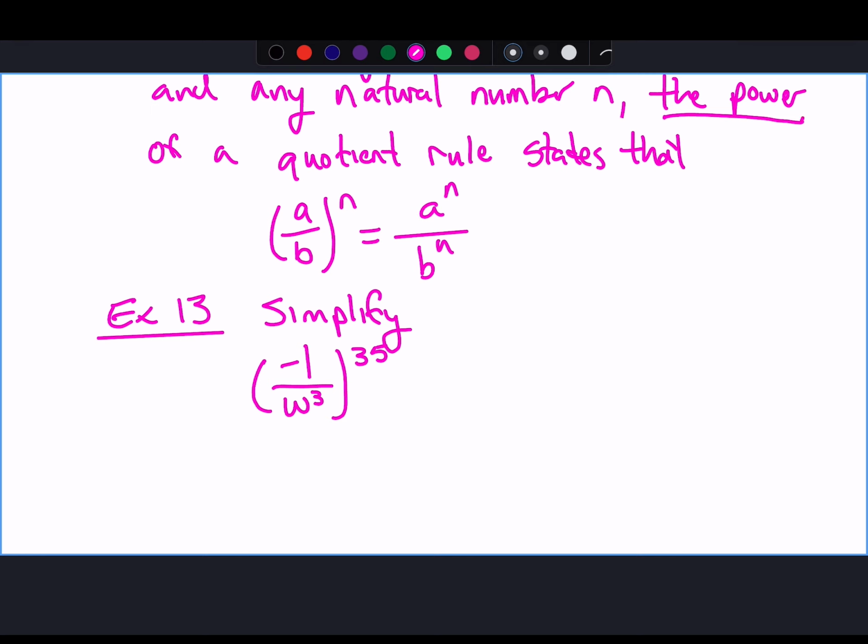I'm going to underline that in the definition. We can distribute the 35th power to the factors in the top and the bottom. So what do we get? Negative 1 to the 35th divided by w to the 3rd raised to the 35th.